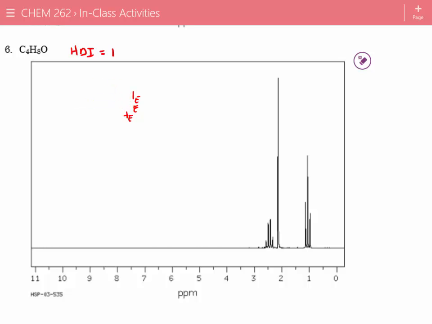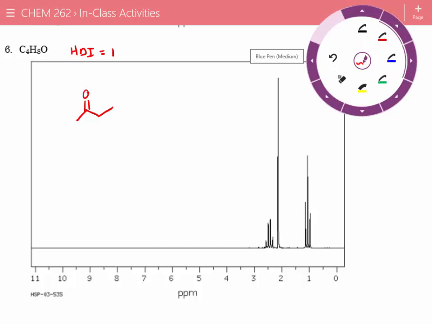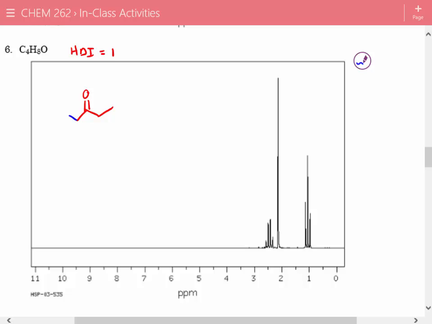But we can try to do some sort of ketone. So let's try a ketone. If it's a ketone and we start out like this, we only have 3 carbons. So let's add on another carbon on one end, and let's draw in our hydrogens. So we've got a methyl group over here.